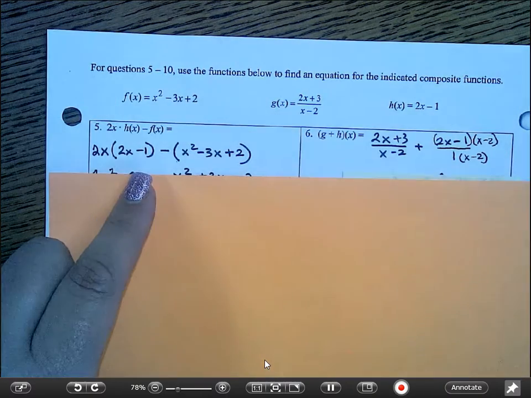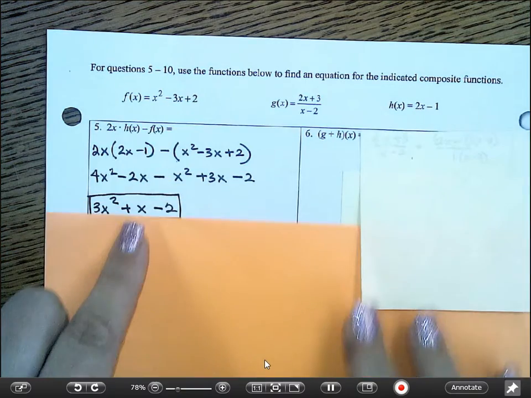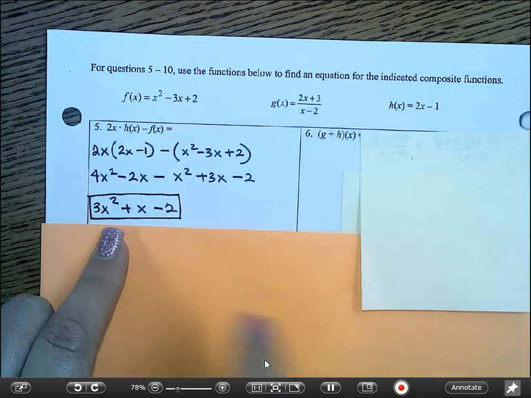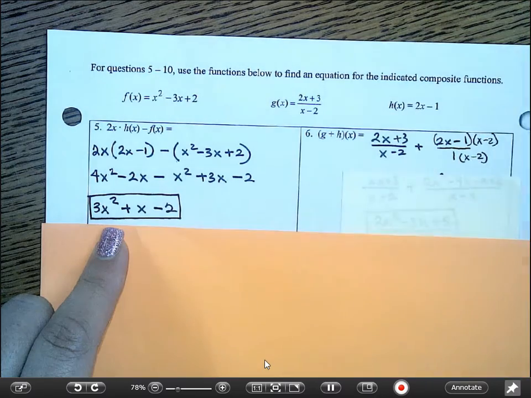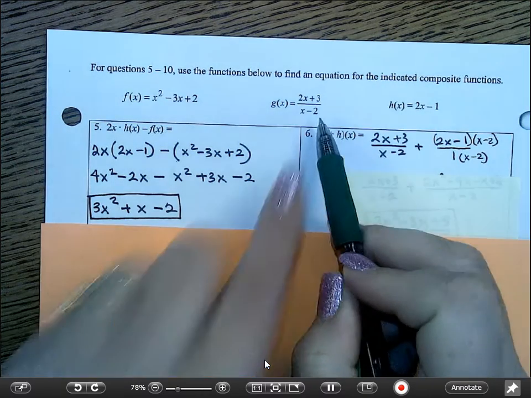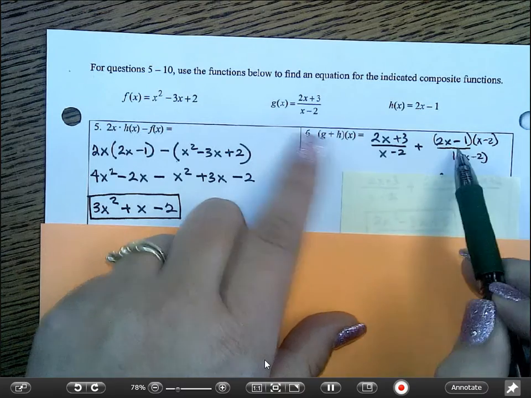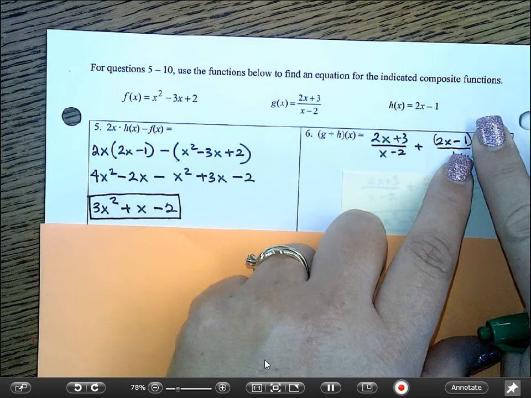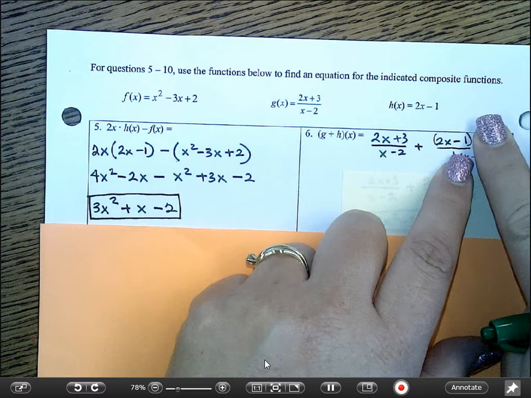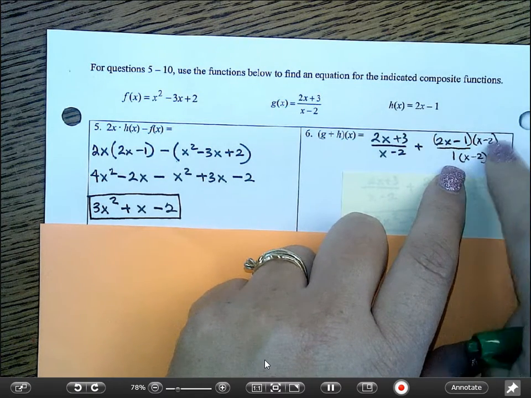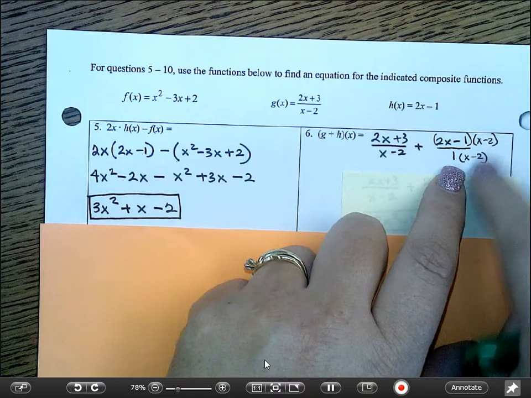Okay. When you do that, you simplify to 3x squared plus x minus 2. Now let's take a look at 6. We are adding the g and the h. This is the g and this is the h. In order to add fractions, you need common denominators. So I'm just making my common denominator x minus 2, and I multiply top and bottom by x minus 2.